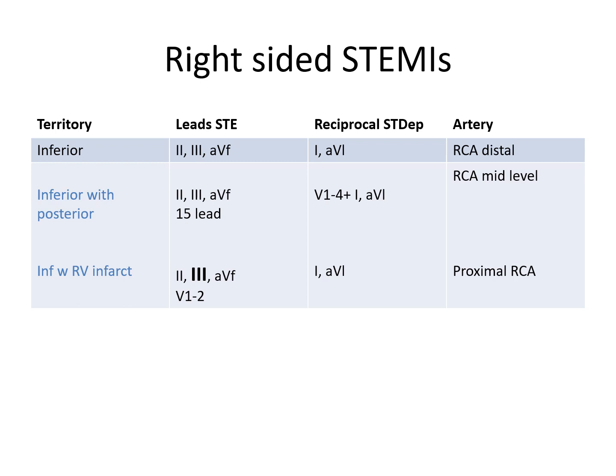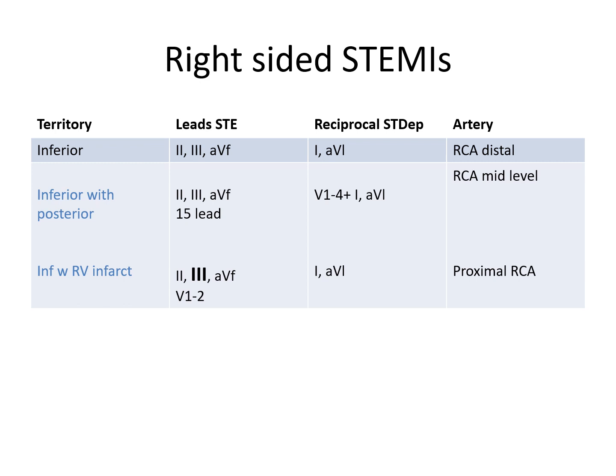However, now we have to also add the posterior ischemia. Now, what leads look posteriorly? Well, none of them do, unless we do a 15 lead ECG. So if you have just a 12 lead ECG, you will not see the posterior ST elevations. What you will see is the mirror images, the ST depressions in the anterior leads.